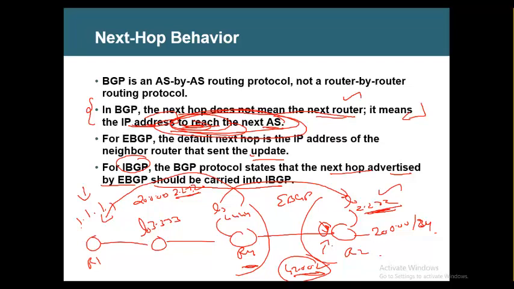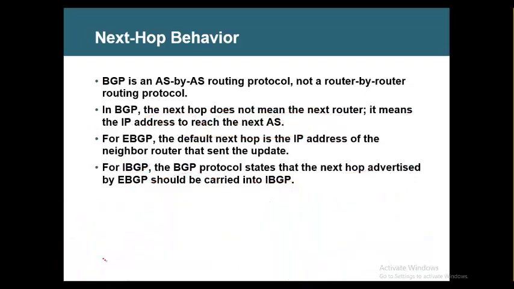But if R1 cannot reach the next hop, R1 will not consider it as the best route. The learned route will not be considered as the best. If it is not considered as the best, that route won't be used by the router to forward the packet.